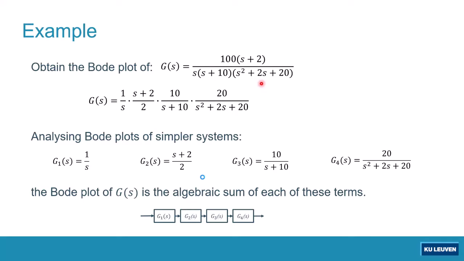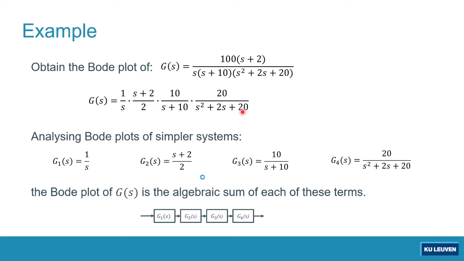Now I want to sketch both plots of this G(s). This G(s), anyhow, I can factorize into these four terms like this, where G(s) is equal to 1 over s times (s plus 2) over 2 times 10 over (s plus 10) times 20 over (s squared plus 2s plus 20).